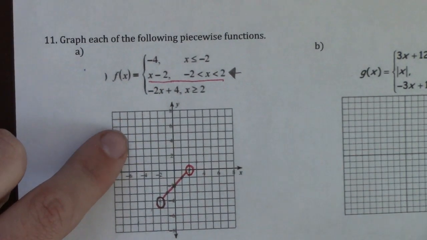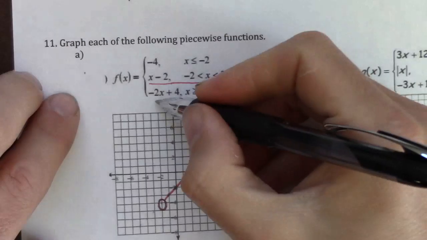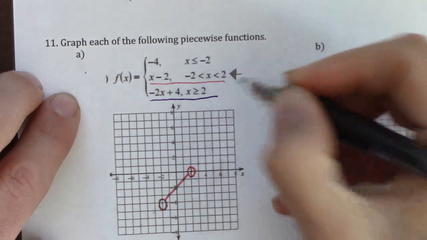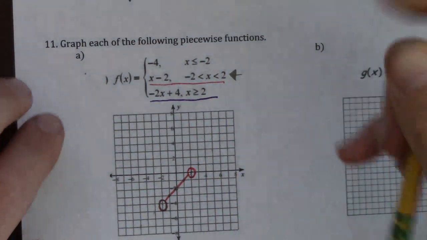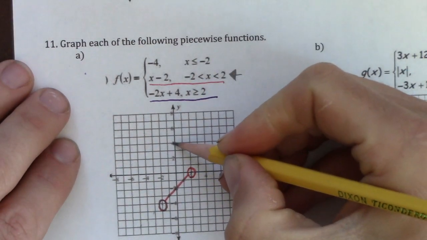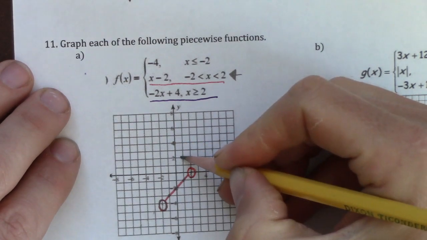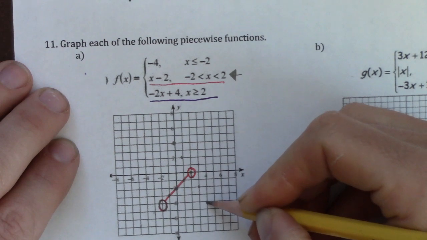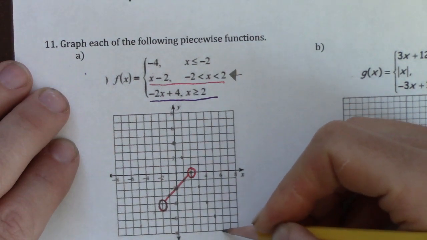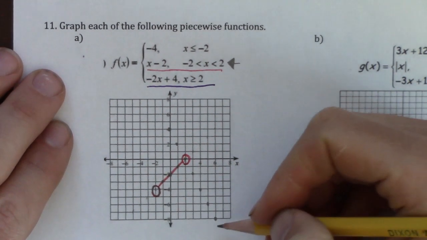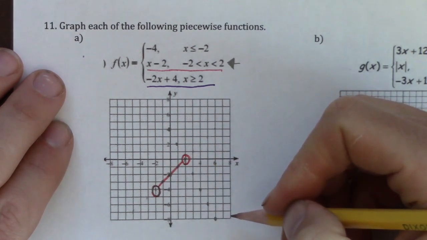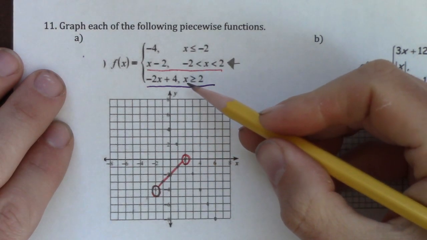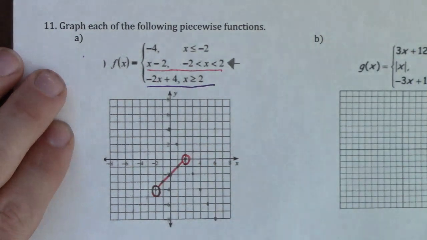I can do the same thing with that third part. My line has changed now. It's now negative 2x plus 4. So I would start up here at 4, and I would go down every time. Same idea, hopefully you can kind of see where those dots are. But now my inequality says x is greater than or equal to 2.